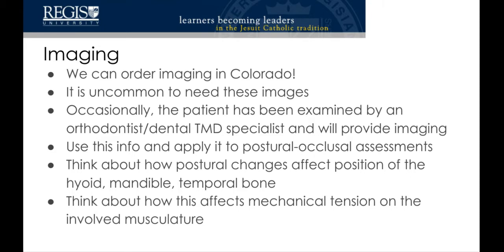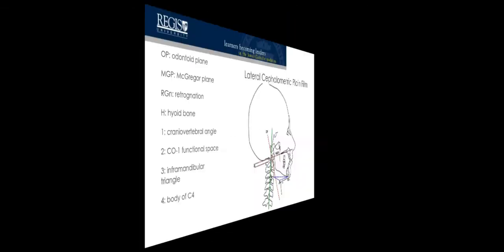I think about this as a way for us to synthesize some of the objective information that you can get from imaging and how you apply it to the clinical picture in front of you. Think about how posture is related, think about how the cervical spine and the jaw are related, and think about how that might change how things move, especially in terms of muscle function.